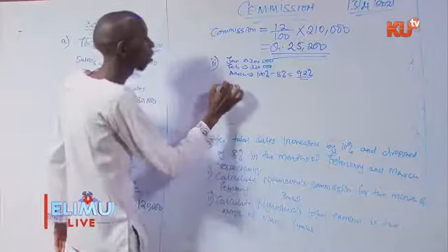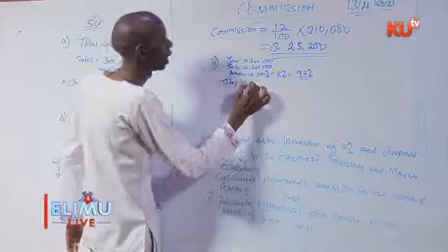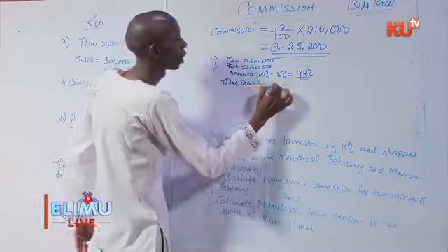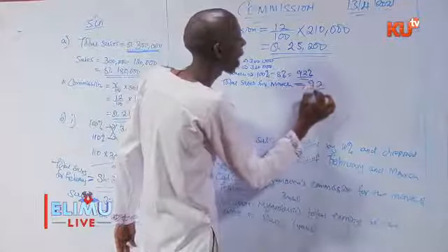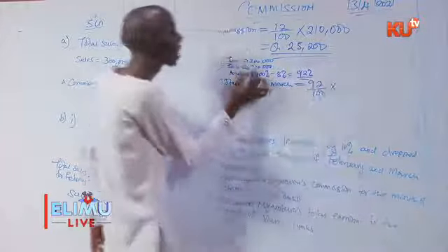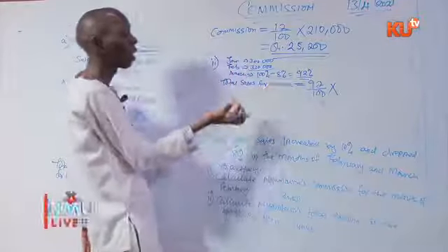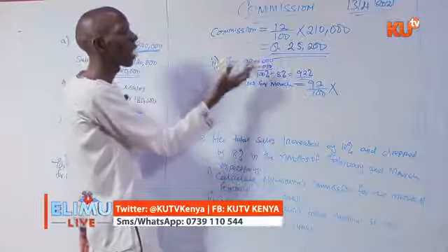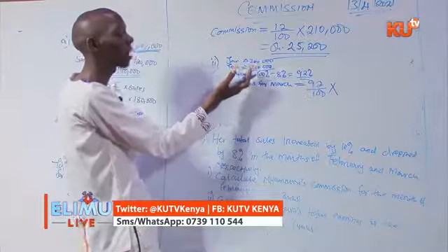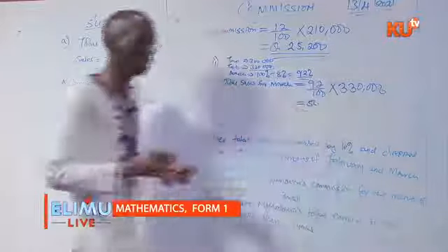So the total sales for March is equal to 92% of the total sales for February, because it was 300,000 in January and came to 330,000 in February. The total sales for February is the one dropping by 8%, and therefore it will be 92% of 330,000.